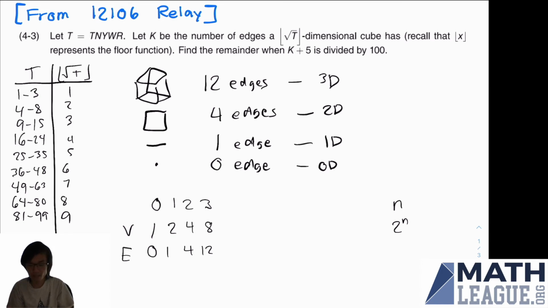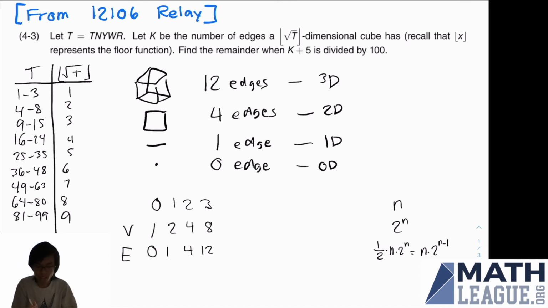So if we have 2 to the power of n vertices, and each vertex has n edges, but at the same time, each edge connects two vertices, so you're going to overcount. You're going to have to cut by 1/2, and as a result, you're going to get n times 2 to the power of n minus 1.